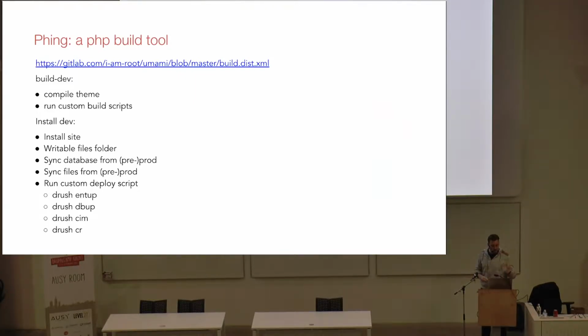So I'm using the Phing drush extension to install Drupal, to create a writable folder, to sync the database from your pre-prod website, and also to sync the files from your pre-prod website. After that, I run my custom deploy scripts, which would then update the entity, update the database, import all the new configuration we have, and clear the cache.